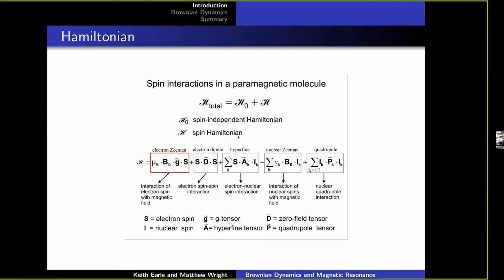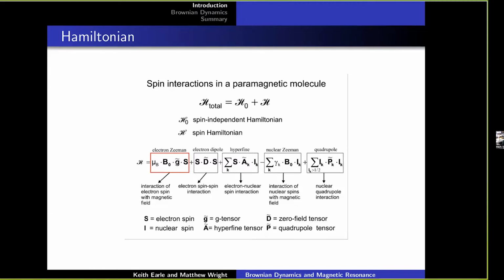The most important one is an energy term describing the interaction of an unpaired electron with an applied magnetic field. That's the S part and the B part.